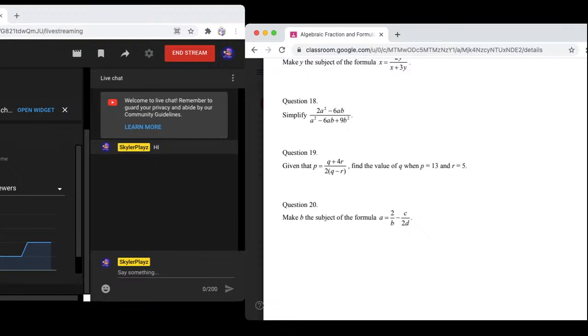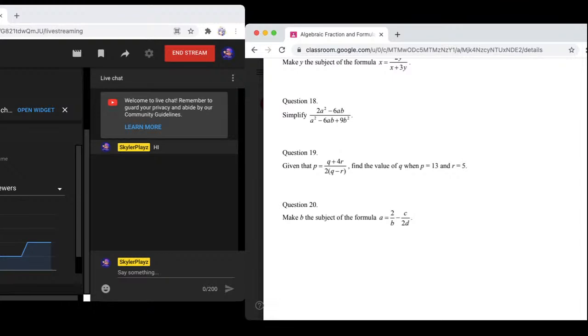Question 20. Make b the subject of the formula. A is equal to 2b minus c divided by 2d. Okay, so a plus c divided by 2d is equal to 2b.